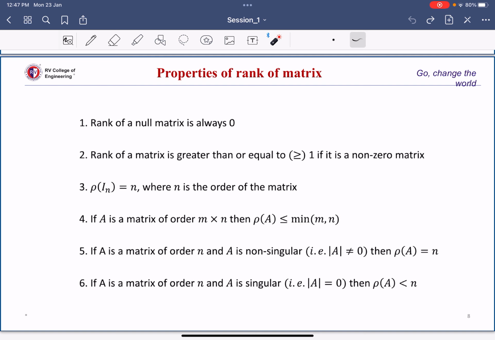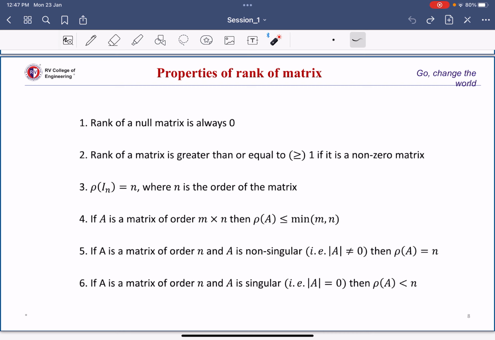Coming to the fifth property, if A is a matrix of order n, so it's understood that it should be a square matrix, and A is non-singular. A non-singular matrix is a matrix whose determinant is non-zero. So if the determinant of the matrix is not equal to 0, then the rank is equal to the order of the matrix.